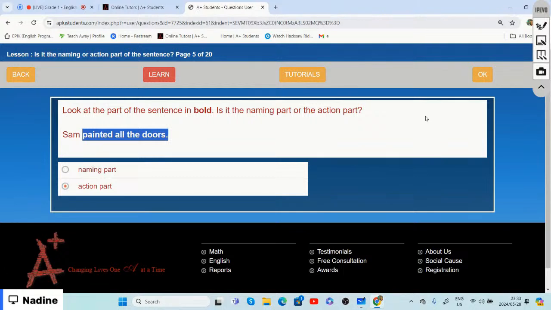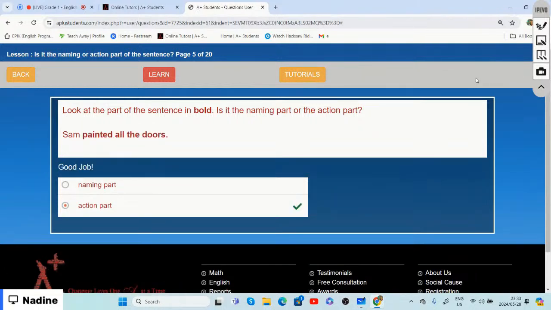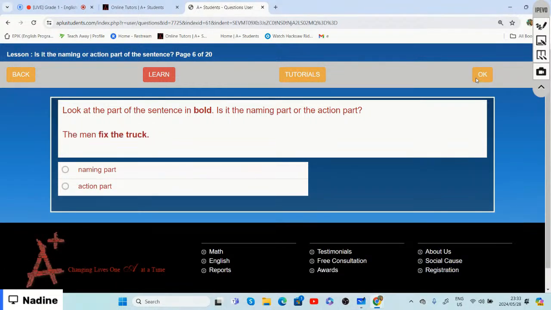All right, one more. The men fix the truck. So the words fix the truck, we need to say if that is a naming part or an action part of a sentence.